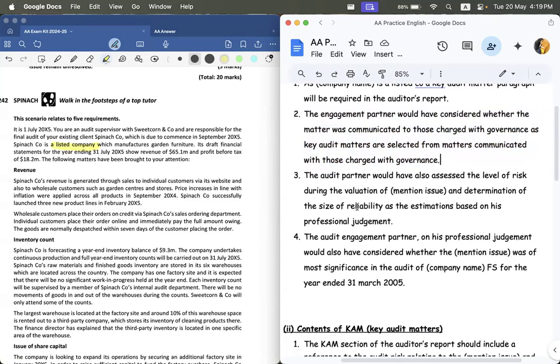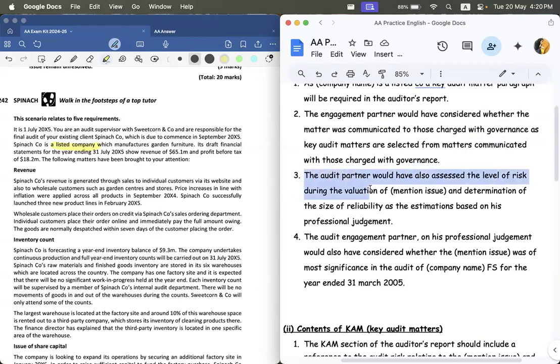Okay. Now the third one. While reaching this conclusion, the audit partner would have assessed what level of risk is there during the time that these were valued, and he's going to determine whether the estimates are reliable based on his professional judgment. So that is the third sentence. How do you frame it?